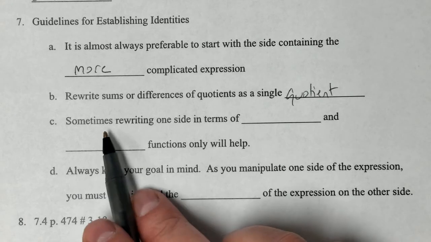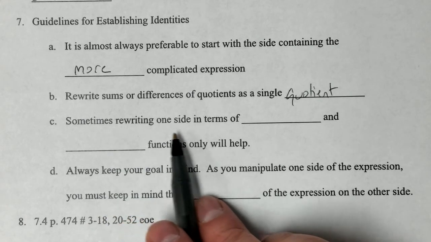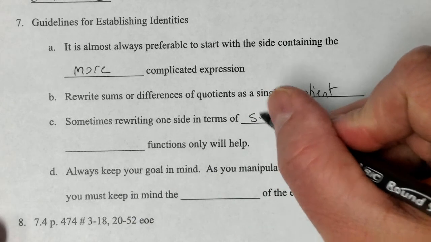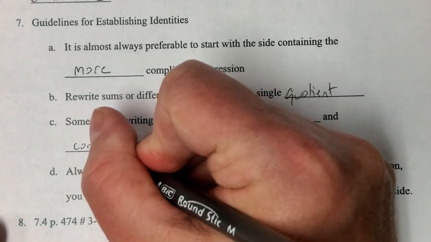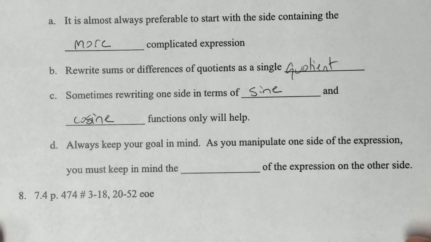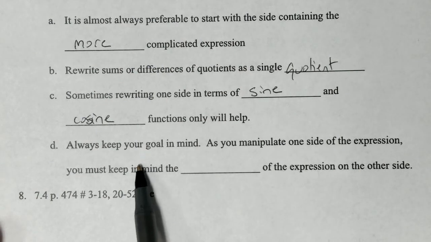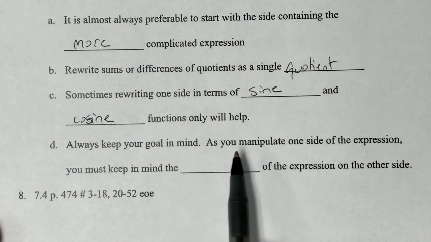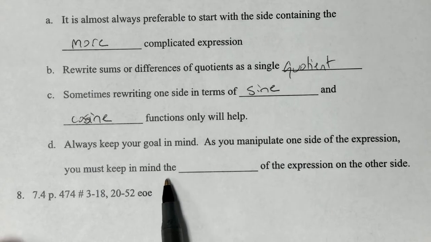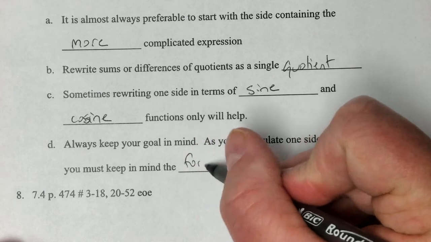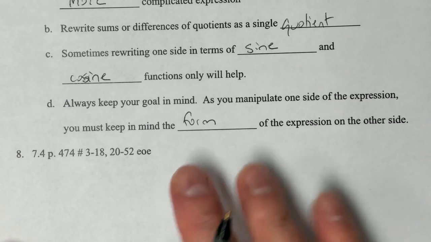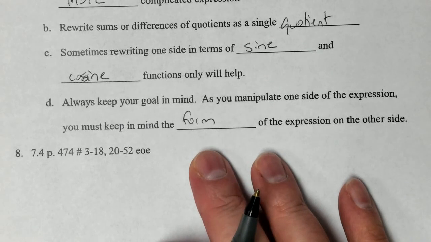On the next one it says sometimes rewriting one side in terms of sine and cosine will be the only thing that helps. And the last one, always keep your goal in mind. As you manipulate one side of the equation, you must keep in mind the form of the expression on the other side. Let me show you a little bit about what I mean for that.